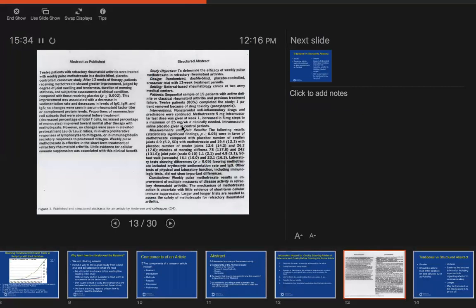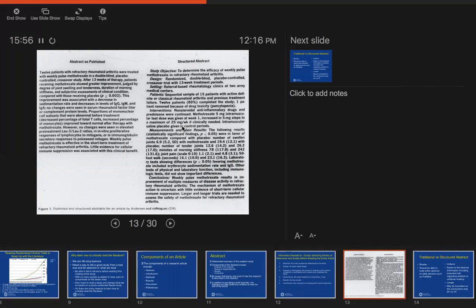And there are basically two types of abstracts you're probably going to see in the literature. The one on the left is the traditional abstract, which is just a summary that's all very verbal about what the study sought out to do, what the findings were, what the conclusions were.